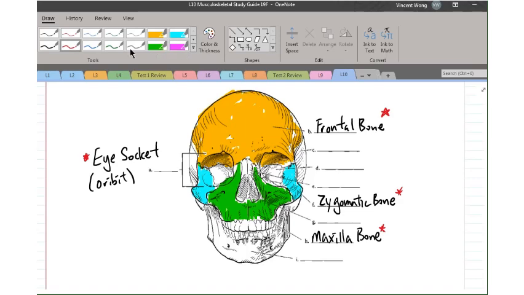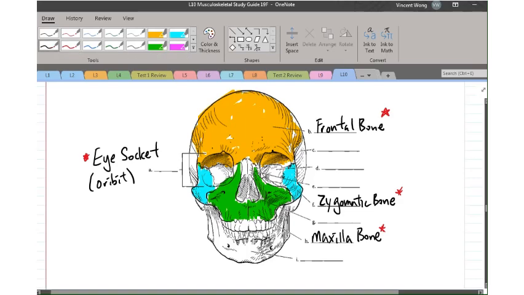You cannot really see the ethmoid bone here too well from the lateral side, but you know it's going to be along with the lacrimal bone. They're going to form the medial side of your eye socket. So I'm just going to put those bones here: lacrimal, and then ethmoid. Okay, you can see part of the ethmoid here though.